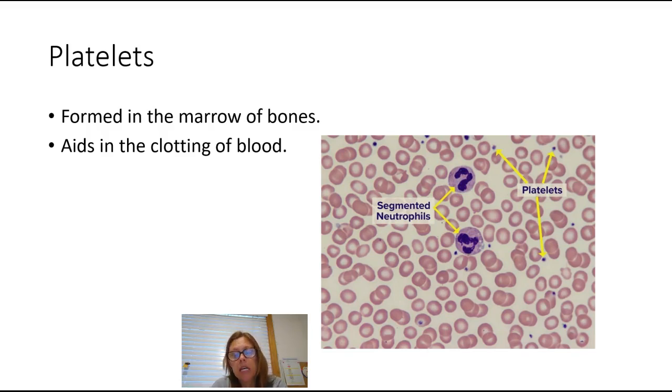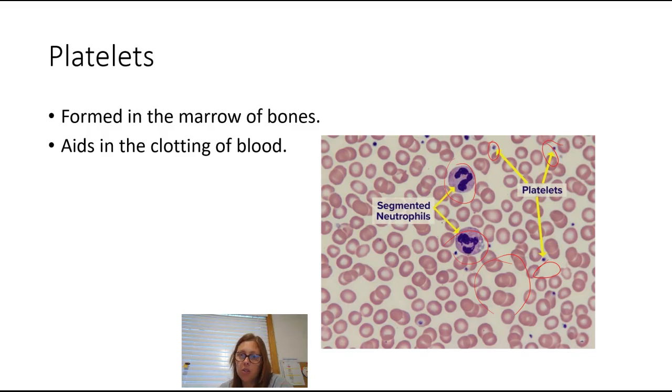So you can see here in our picture, we have our red blood cells, and they're quite numerous, and you've seen some blood slides before. Here we have our white blood cells, and again, they only make up about 1% of our blood, so it's understandable that we're only going to see a couple in a smear there. And you can see over here we have our platelets, and they're really quite small.